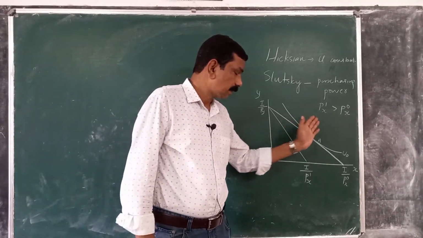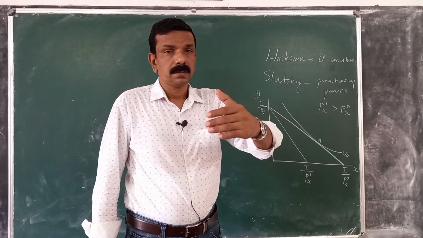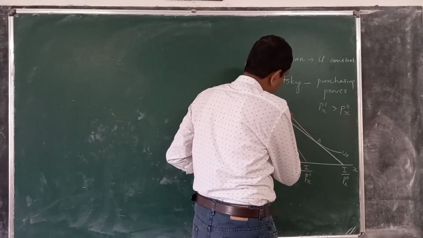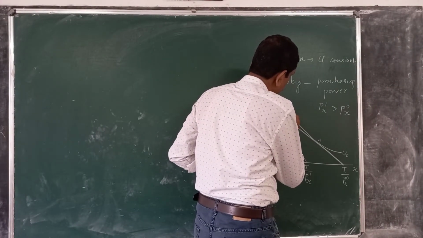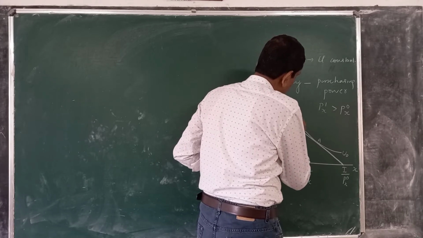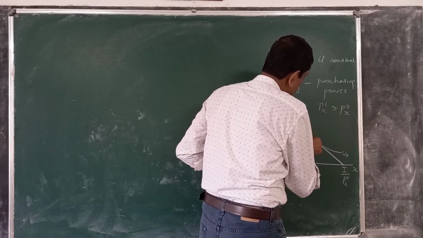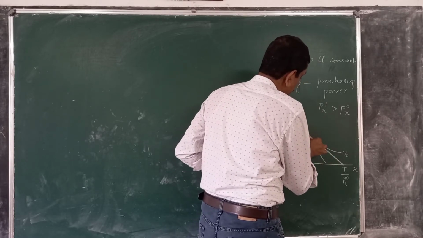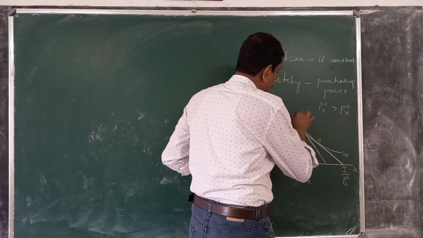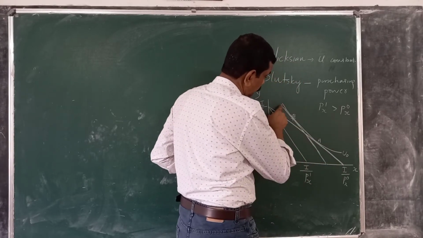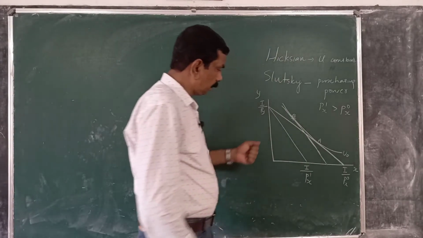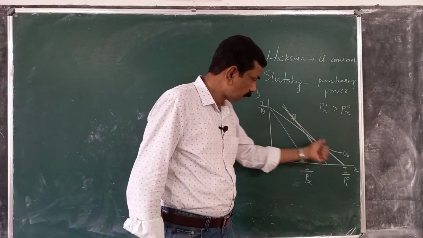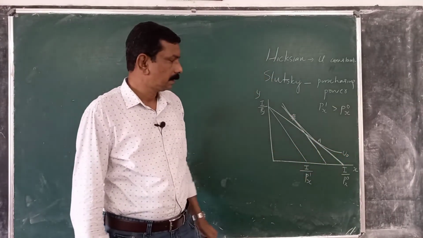So we compensate the consumer by reinstating the real income in such a way that the compensated budget line is tangent to the original indifference curve at a point, say point B. The compensated budget line is parallel to this new budget line and tangent to the original indifference curve U0.